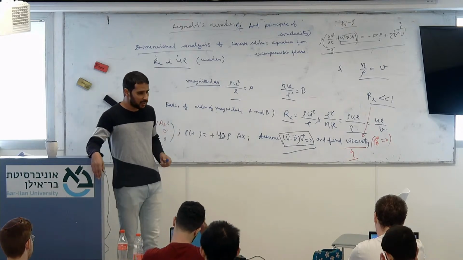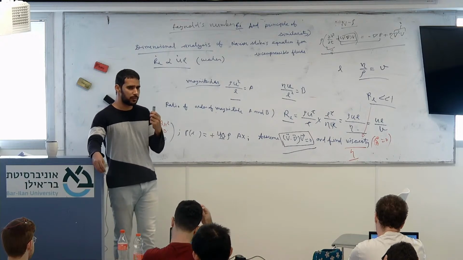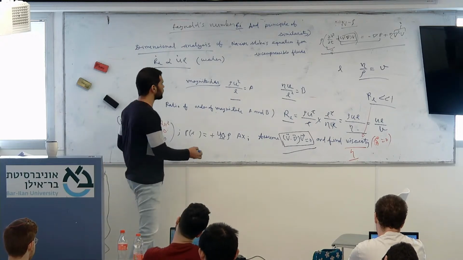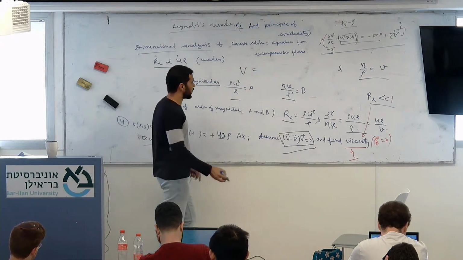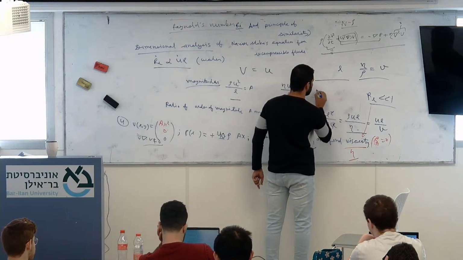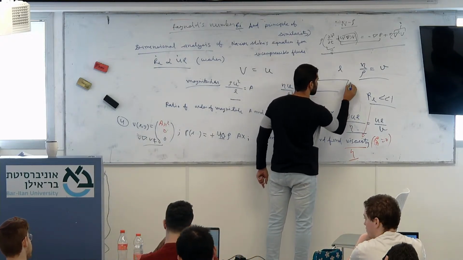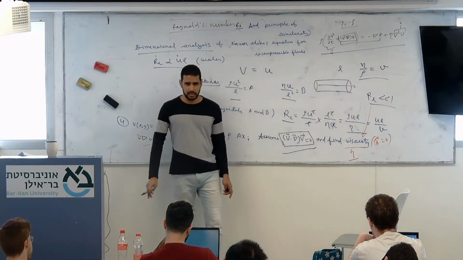The second implication is that it's a dimensionless parameter. So all the parameters of the fluid, let's say the velocity of the fluid, given velocity u at some point, for example in a pipe, velocity at the center is, let's say, u.